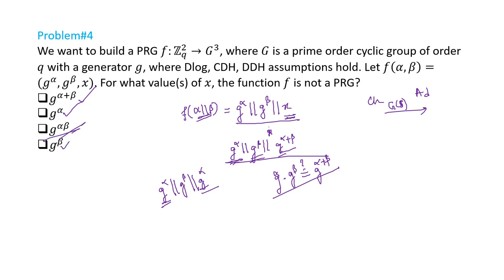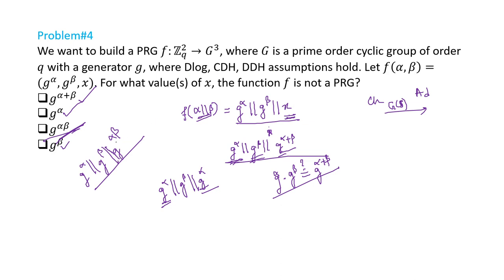What about this? g to the power alpha beta. Now what happens? This is indistinguishable, because for group G the DDH assumption holds.